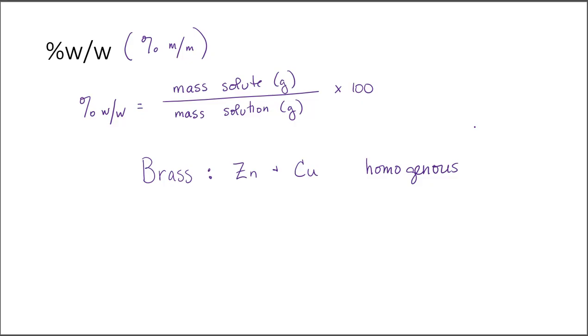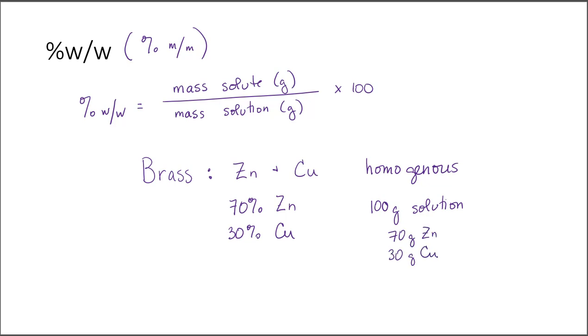But you can have different concentrations of zinc and copper in your brass. I'm talking about what a trumpet is made out of. And that is usually given in terms of a percent weight. So it might be 70% zinc. That means that 30% of it is copper. And if we assume that we have 100 grams of the entire solution, we can say, okay, we have 70 grams of zinc in that solution and 30 grams of copper.